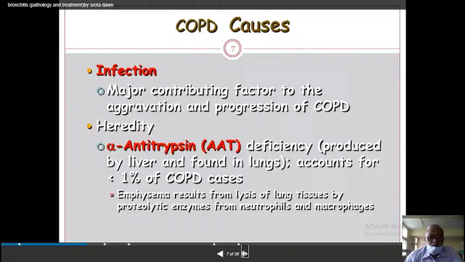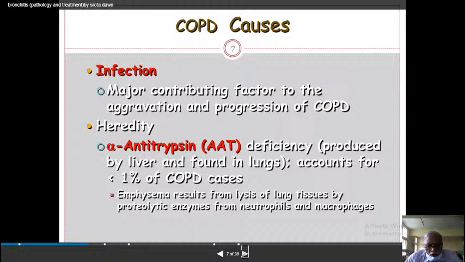Then you have COPD, the chronic bronchitis going on to COPD. The major causes which contribute to COPD are bronchitis, asthma, or any other allergic bronchitis, and hereditary alpha-1 antitrypsin deficiency, which is produced by the liver and found in lungs and accounts for about 1% of COPD cases.